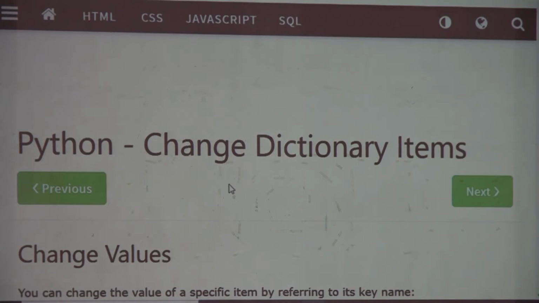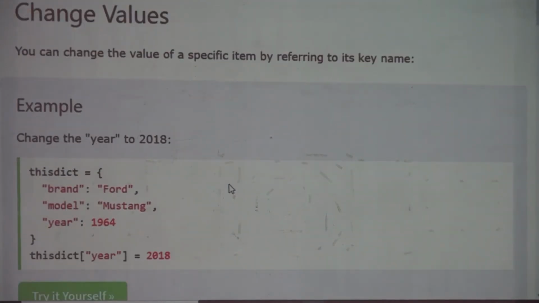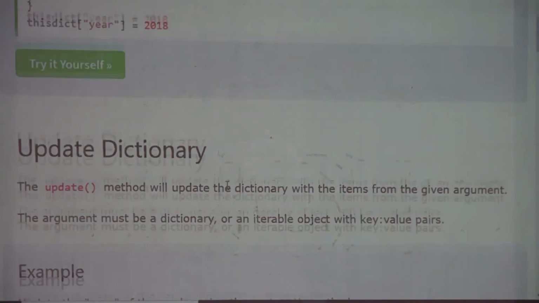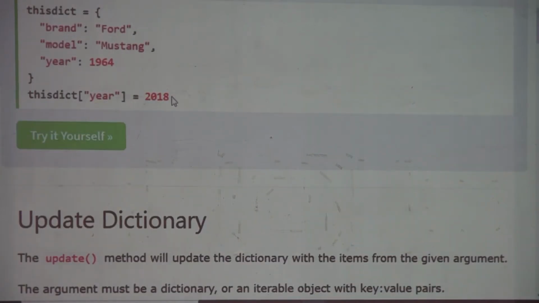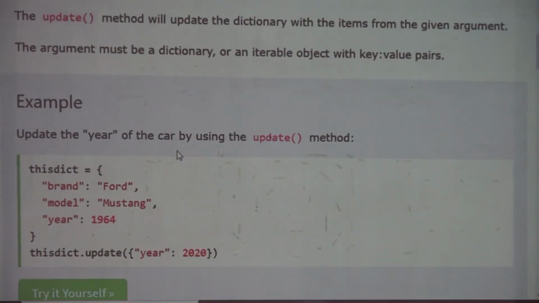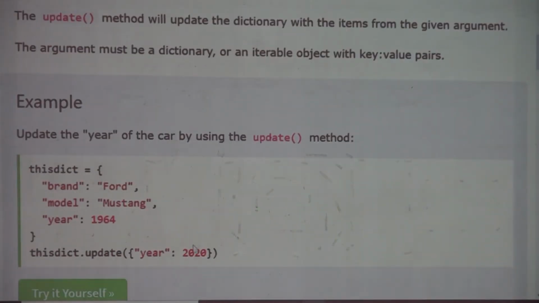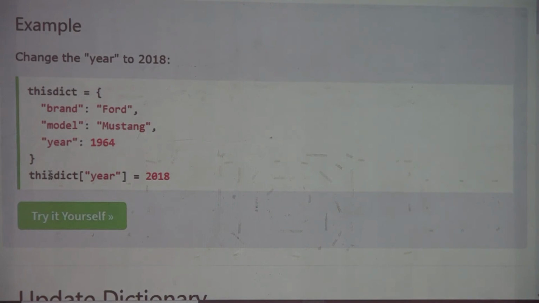Next. Okay, now how do you change? That is update values. We discussed that. That is very trivial. Use a square bracket, give the key, give the value. Very straightforward. So that is how you update a dictionary. There are two ways. This is one way of doing it, that is just use the square bracket.